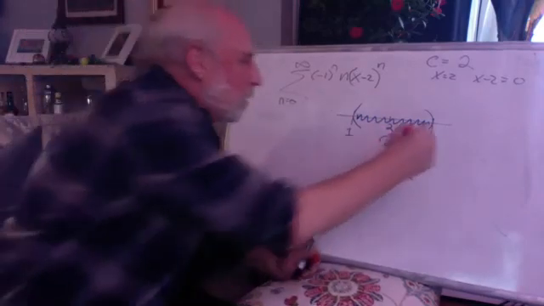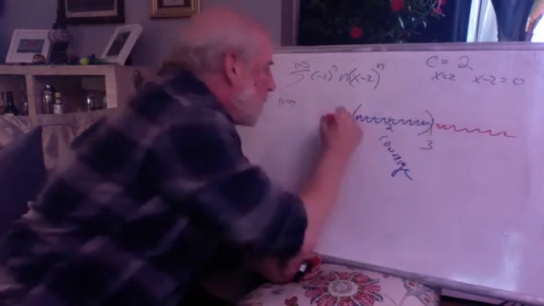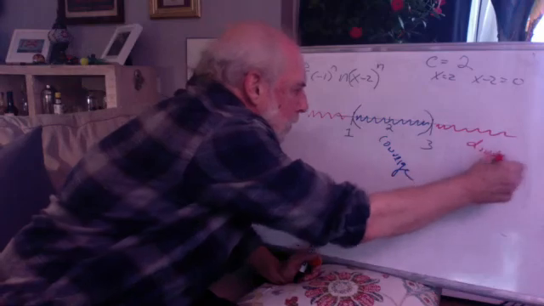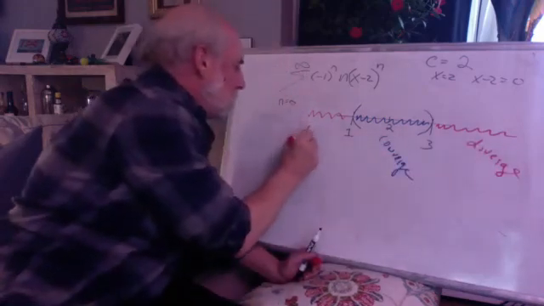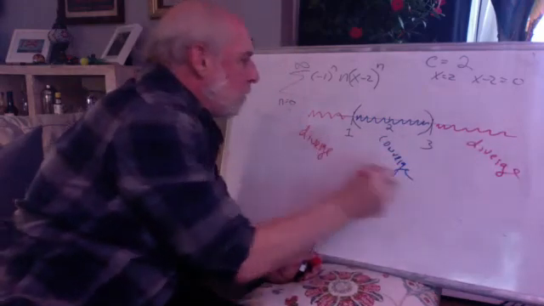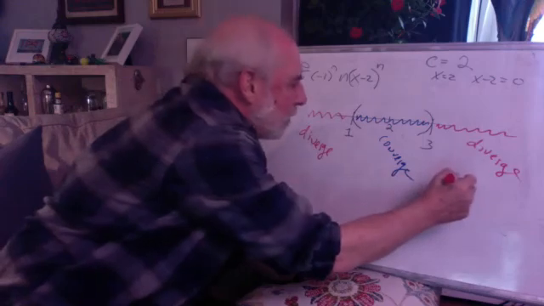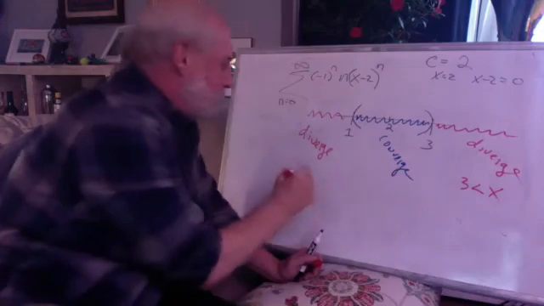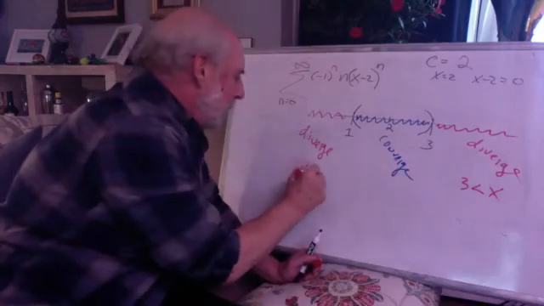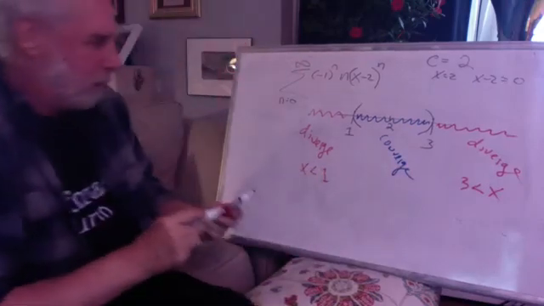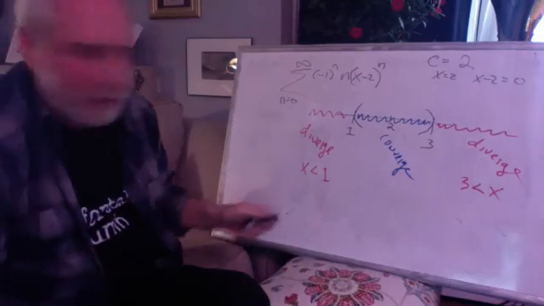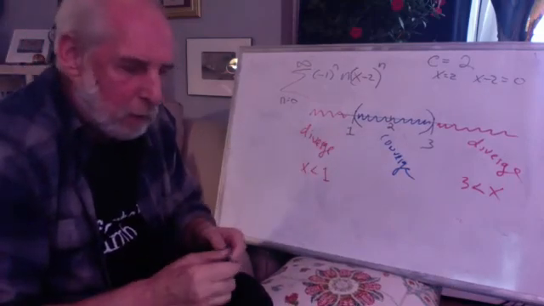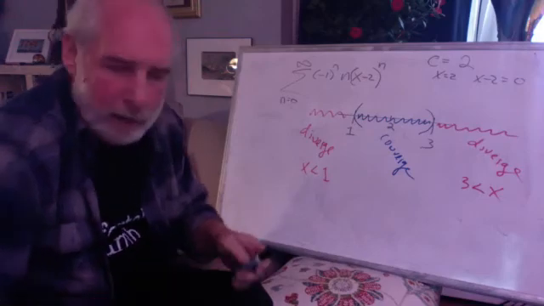Outside this interval, we will diverge. So if x is bigger than 3, we diverge. If x is less than 1, we diverge. If x is between 1 and 3, we converge, which leaves us with a finite radius.